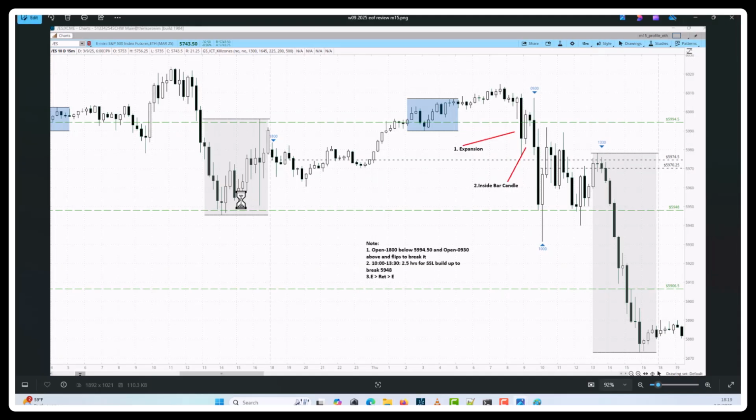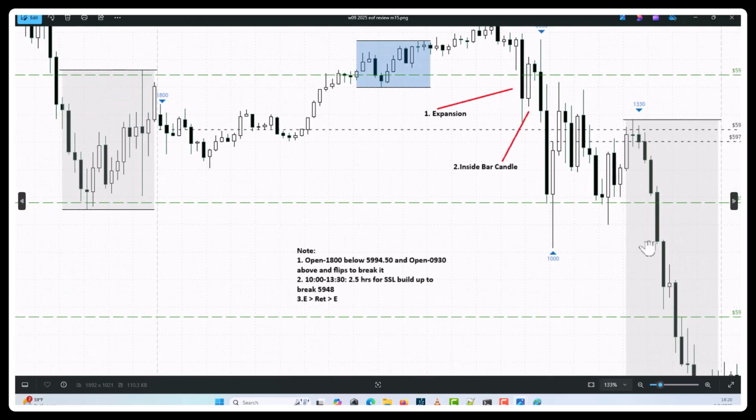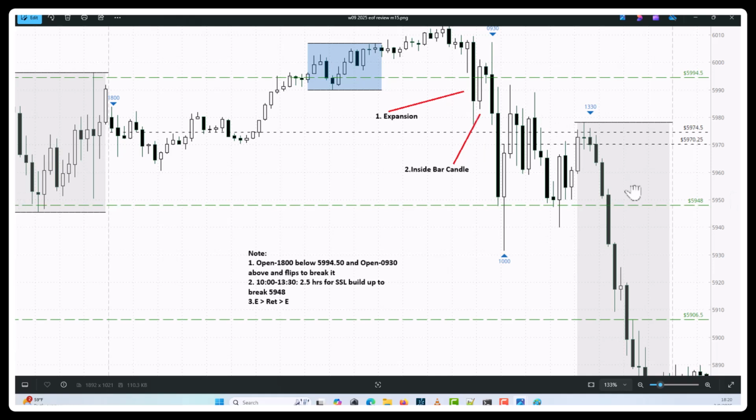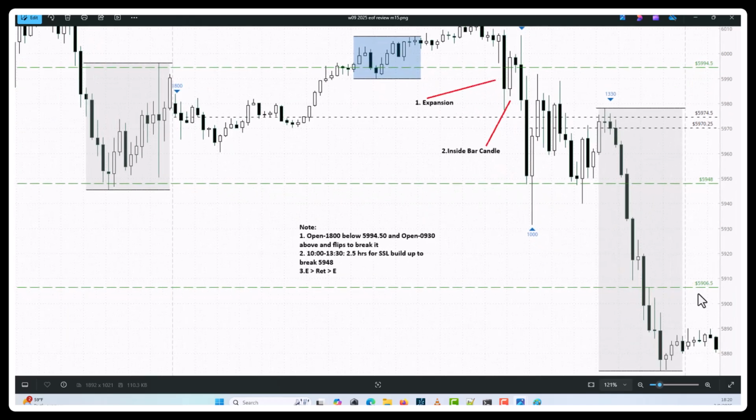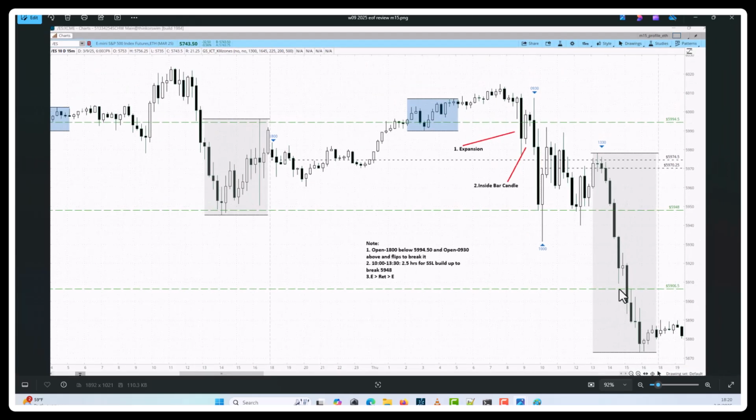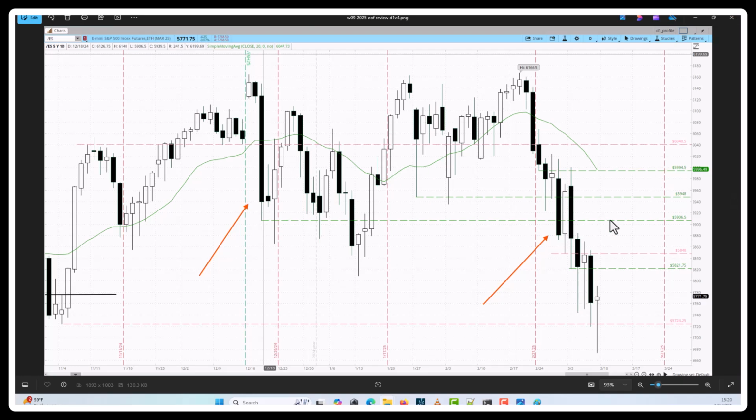Yes, so it takes 2 hours to build up liquidity, and it broke a lot of liquidity right there. And then from there it goes all the way to the target at 59.06, right here.